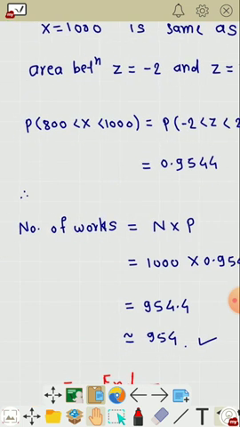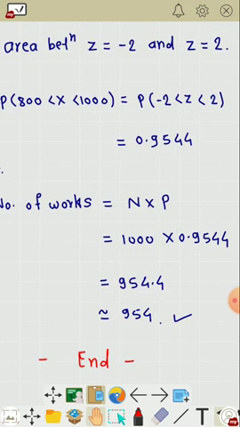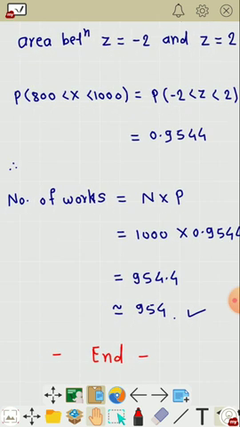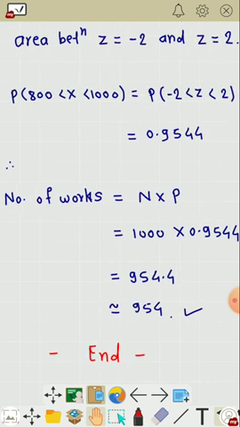Therefore the number of workers having weekly wages between 800 and 1000 is equal to n into p. N means the total number of workers and p is the probability.